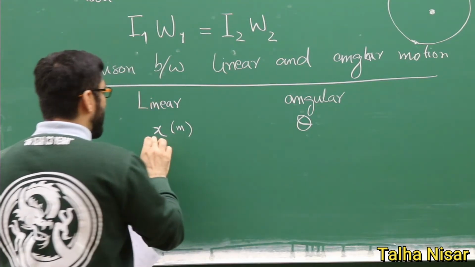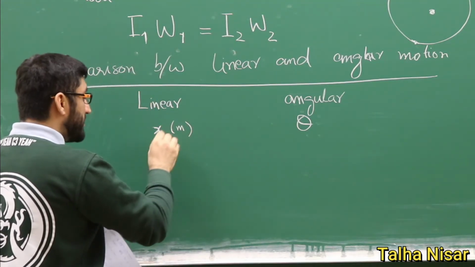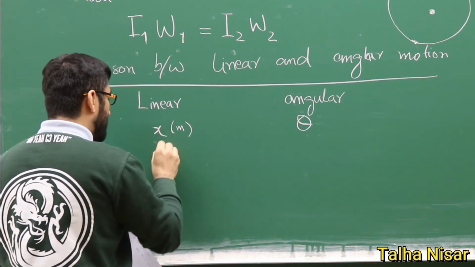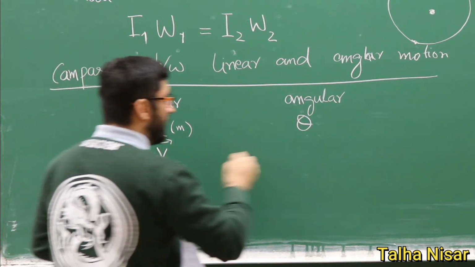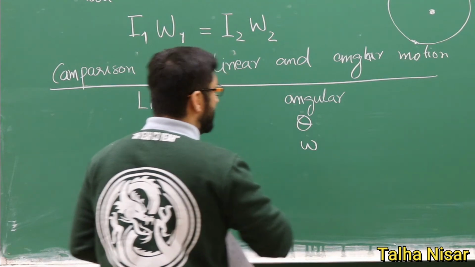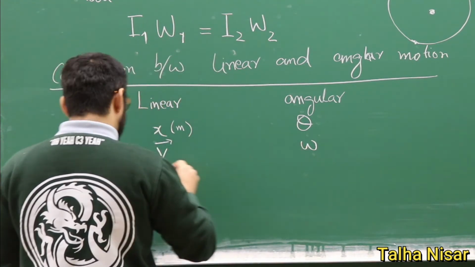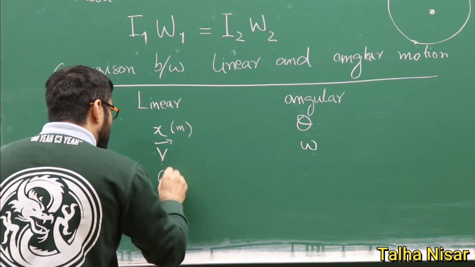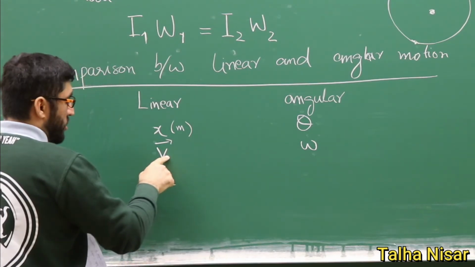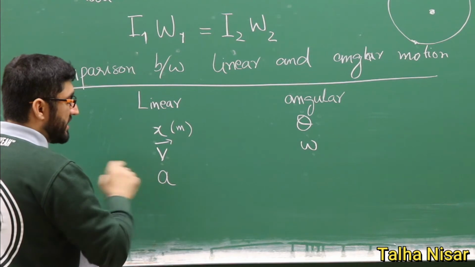Then when we have a changing displacement or distance, we have the velocity. Here we have a similar one, the angular speed, which is omega in this case. When the velocity is changing, the changing velocity is the acceleration.